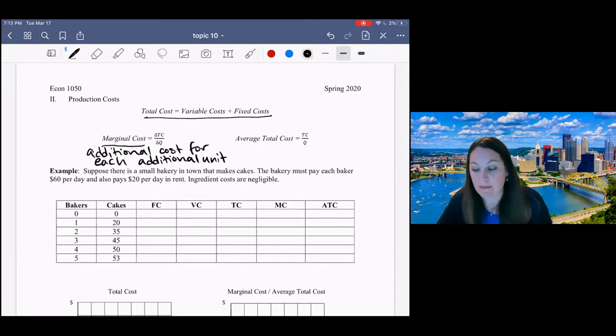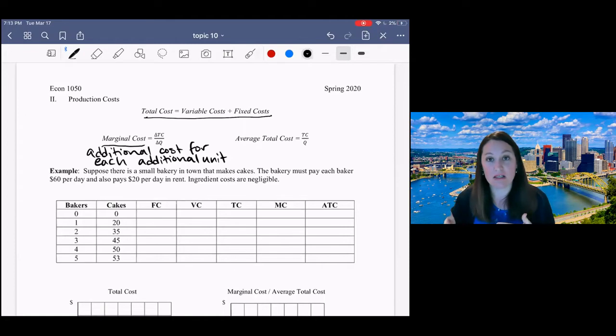And remember, way back to the first topic, right? We always want to make decisions based on the marginal costs and marginal benefits going forward at the point of decision. So marginal cost is going to be really important for us.